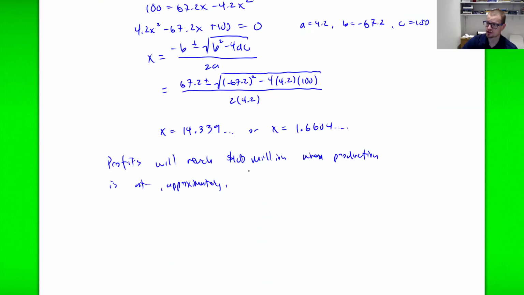So profits will reach 100 million when production is at approximately 14.3 thousand or 1.7 thousand units. Excellent. And that's all that we were looking for.